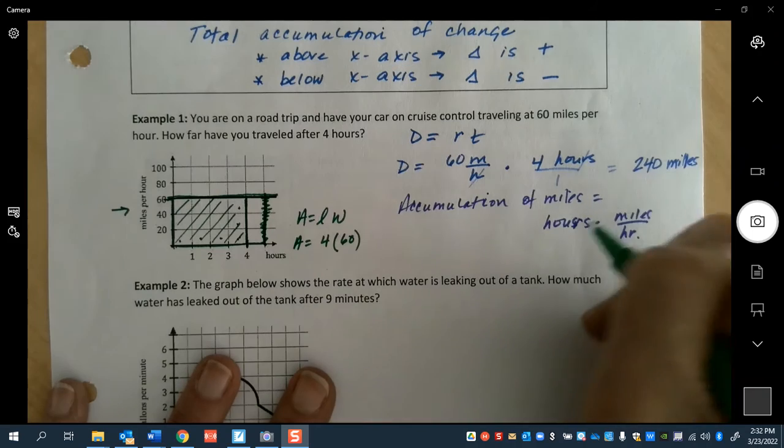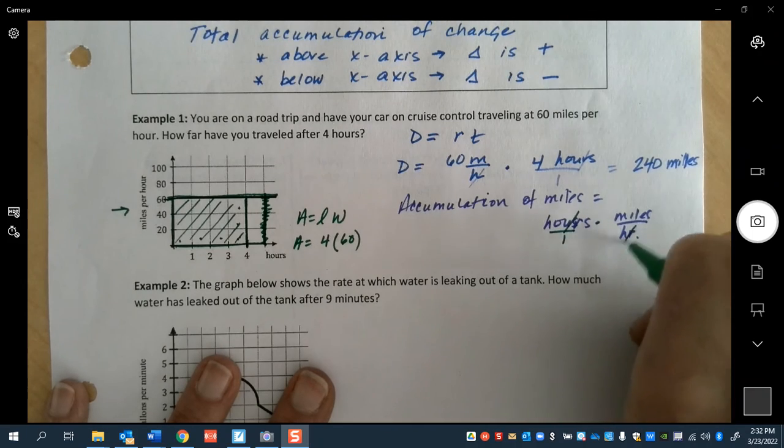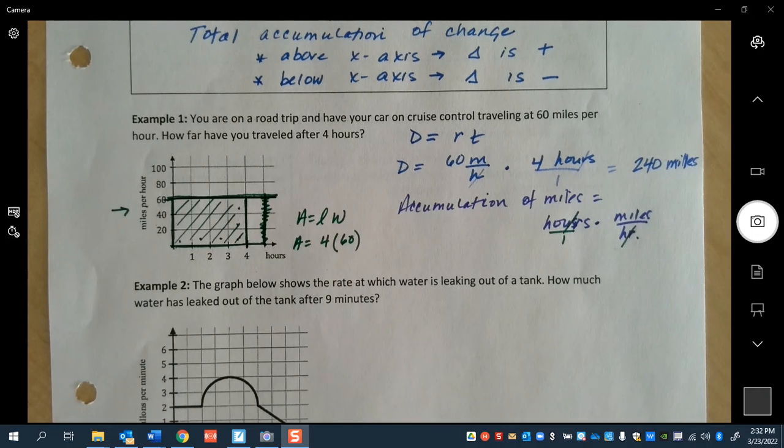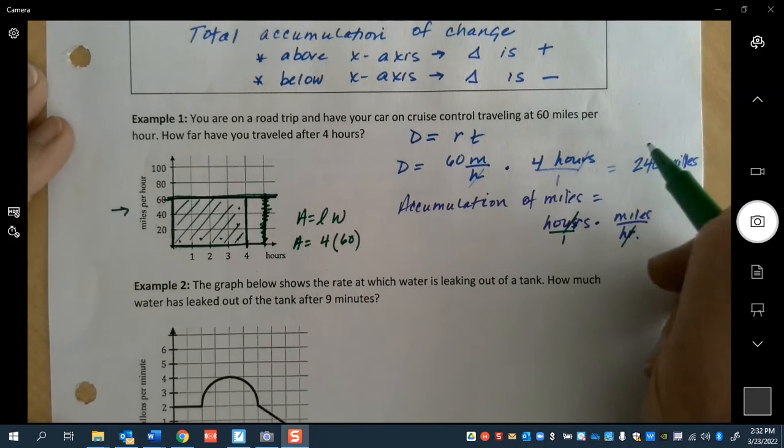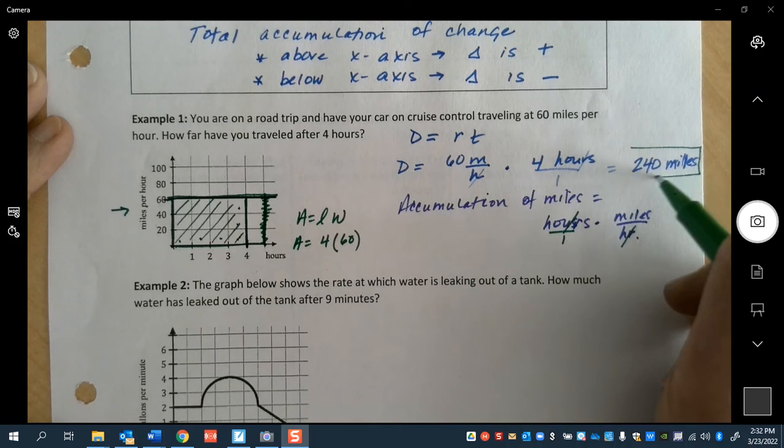And you can see how they cancel. Your area under your curve is your length times width, and that's where you get your 240 miles.